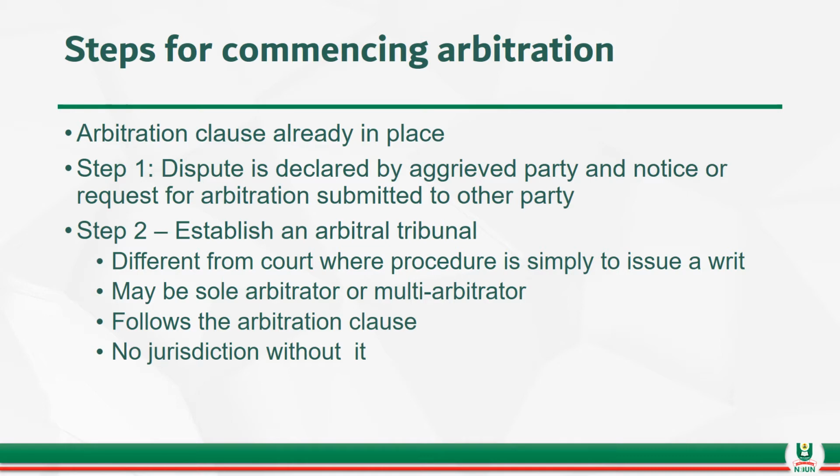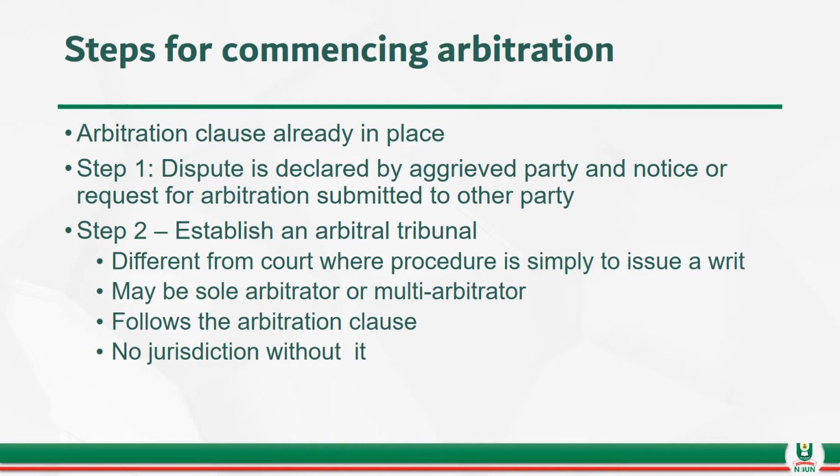The steps for establishing the arbitral tribunal will usually be in line with whatever parties agreed, which is reflected in the arbitration clause. Please note that the tribunal can be either a sole arbitrator or many arbitrators.